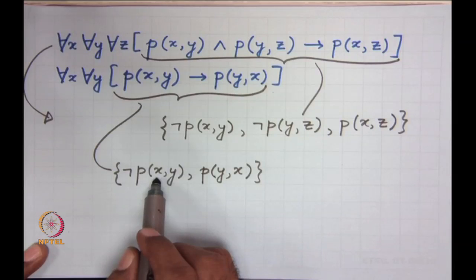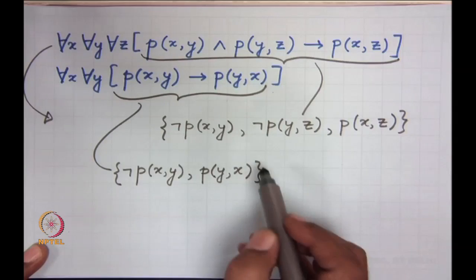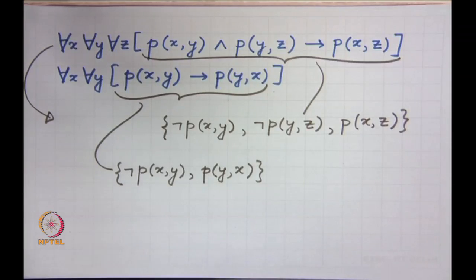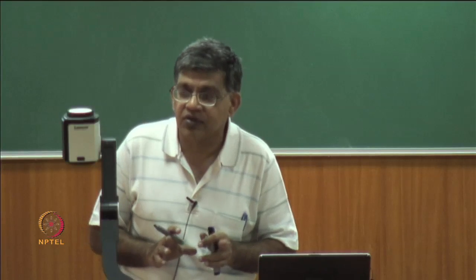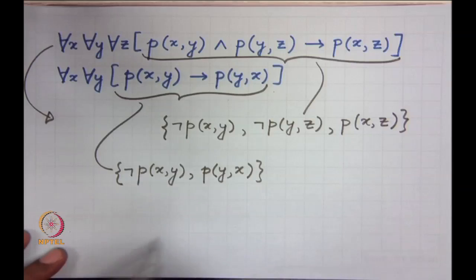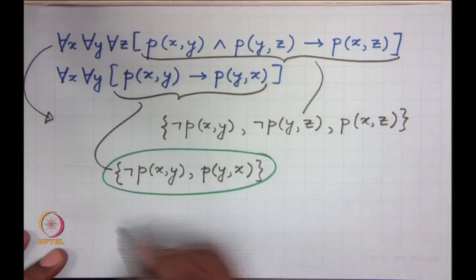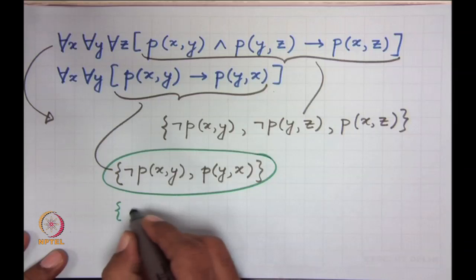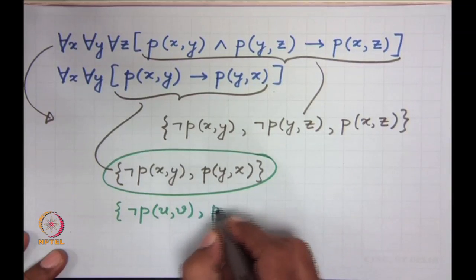So what we need to do is an alpha renaming, because, since we are throwing out the quantifiers, there is a possibility of confusion. If you are going to use implicit universal quantifiers, you should do an implicit alpha renaming. So we will choose two new variables which do not occur anywhere else. I get not of p u v, and p v u.